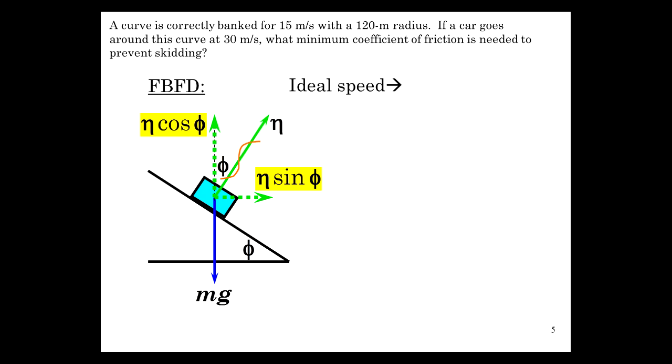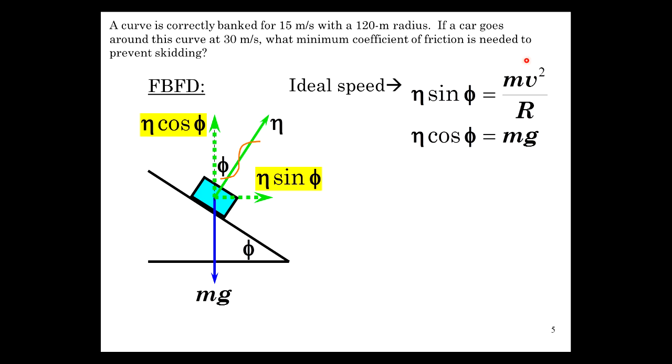And of course, normal sine of phi is going to be the centripetal force. So for the ideal speed, normal sine of phi is the centripetal force, mv squared over r, and the vertical component of the normal exactly cancels mg, the weight, so that it doesn't accelerate vertically. So normal cosine of phi is mg.